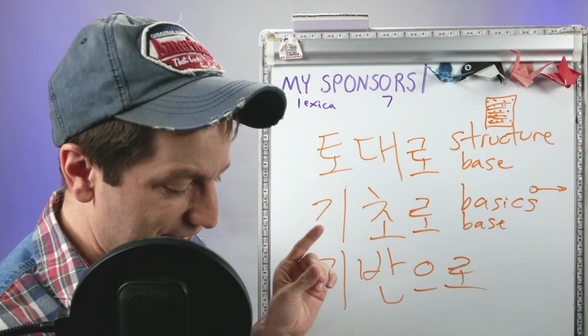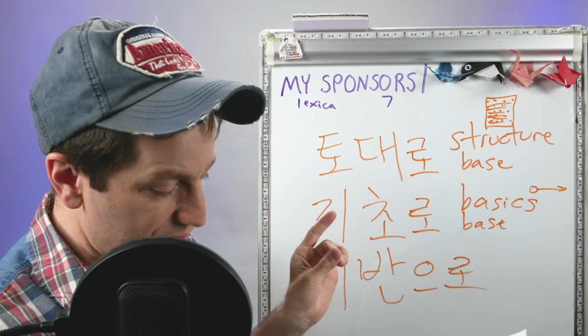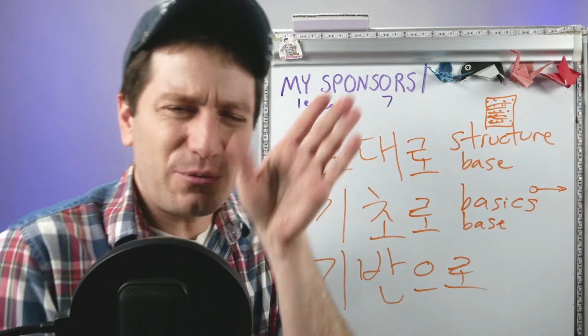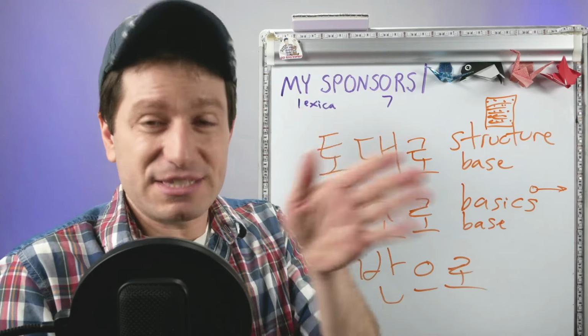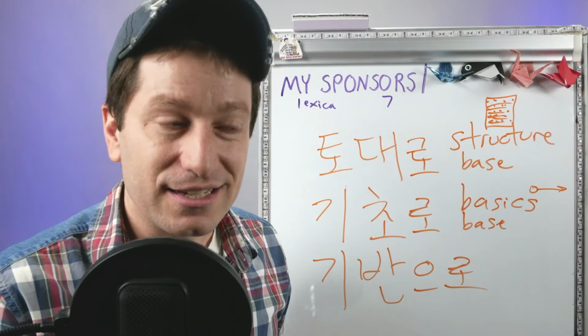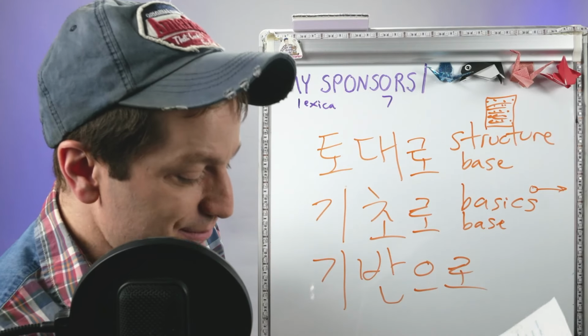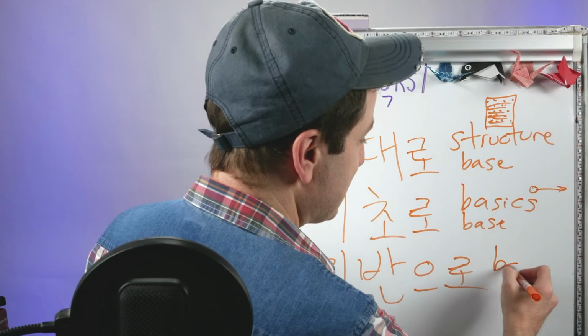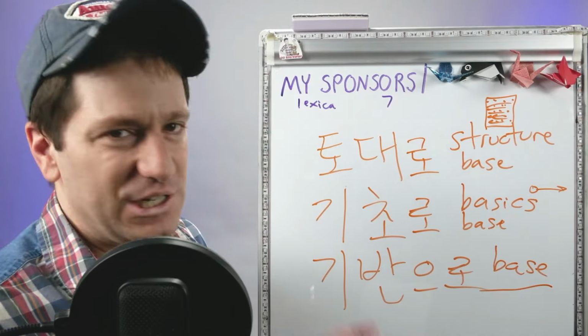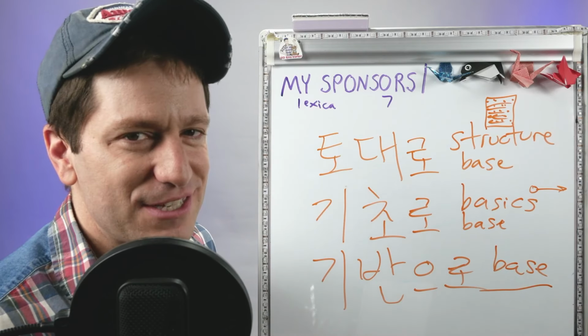So if you were to say, I made a movie based on a book, the nuance of this sentence is that was the starting point. Like, I'm still doing lots of other work, but I started out with using this book as a base. And finally, 기반으로. 기반 means an actual base, like maybe a military base of something, like a ground. But you can use any of these in the exact same situation.